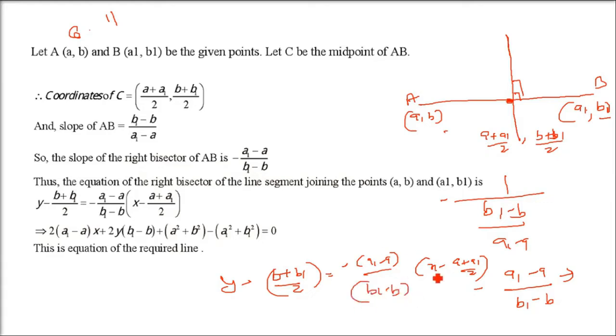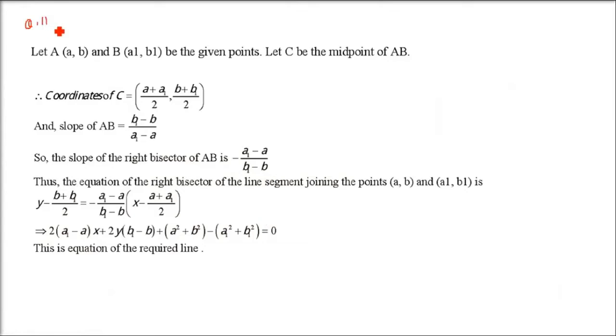Now you need to just solve it, rearrange it. You are going to get the equation. Let us try to solve it. Let me show you how it works. So clean it, and let us multiply it.